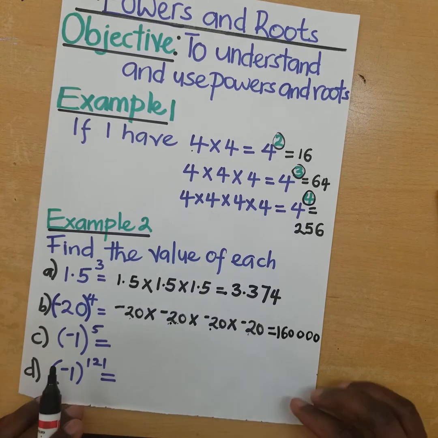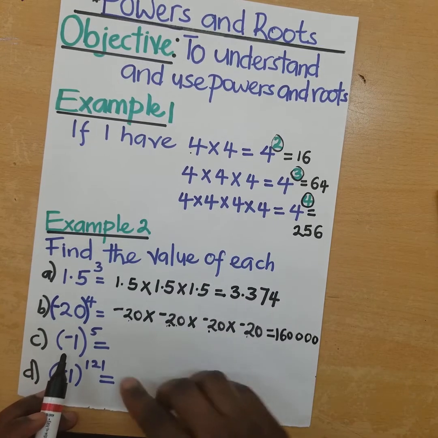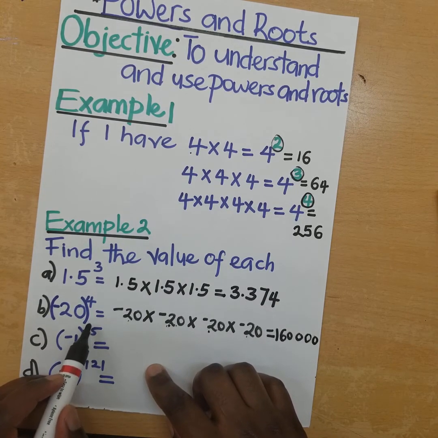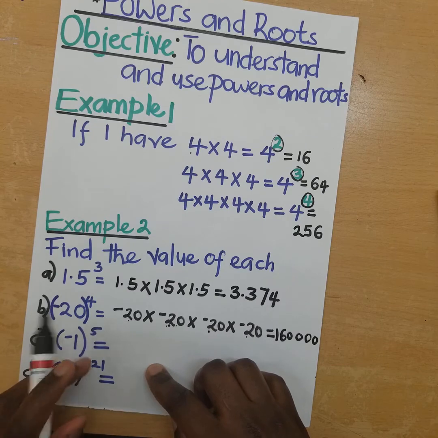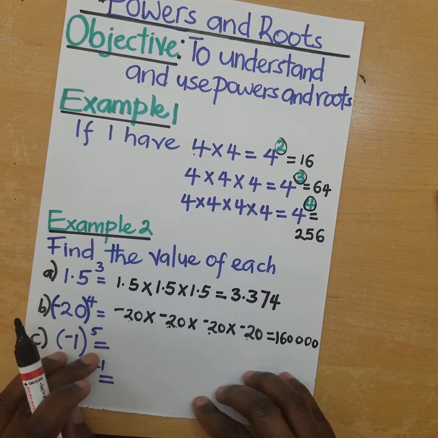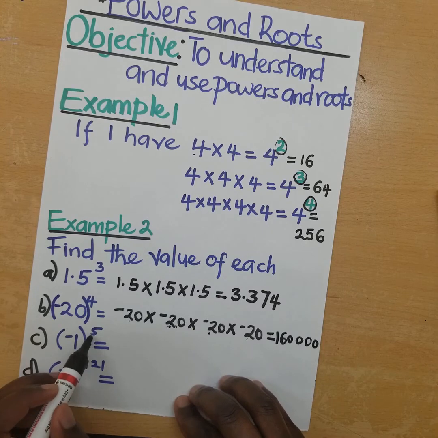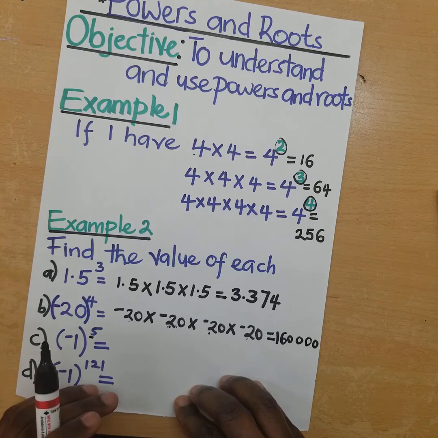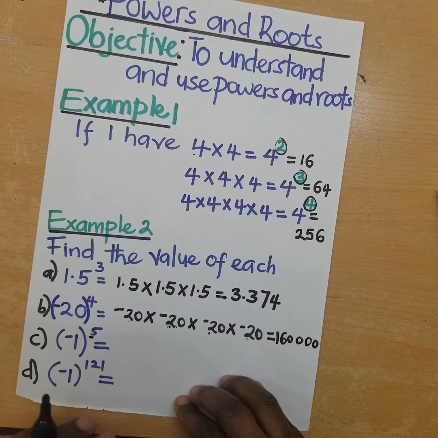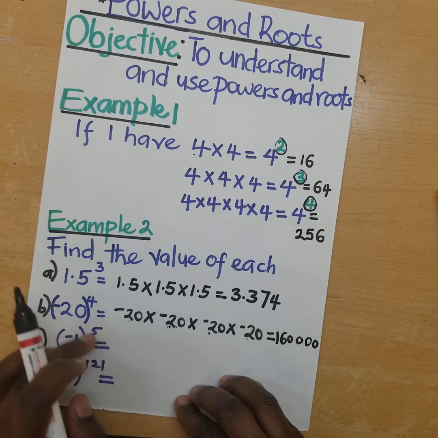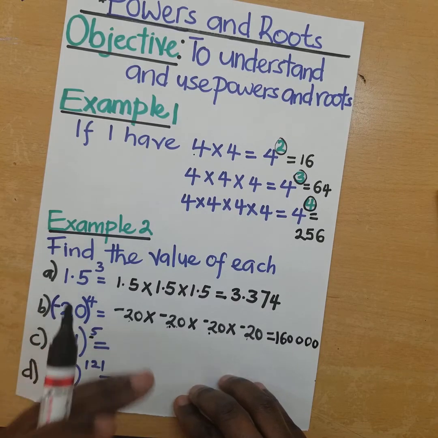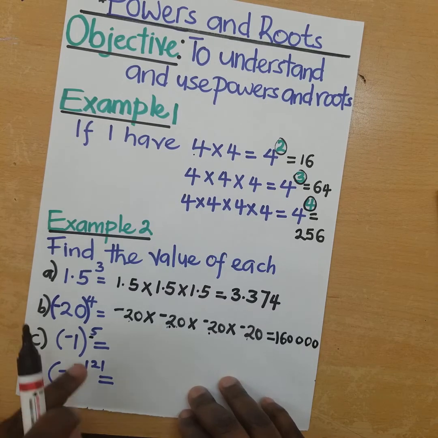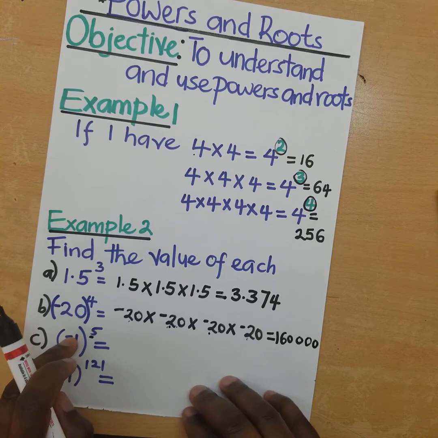What about if I have negative 1 power 5. Now, if you have any power that is odd, for example, these odd numbers from our grade 6, remember odd numbers or prime numbers. If the power is an odd number or a prime number, if it is not a 2, because 2 is a prime number, if this is an odd number, okay, 3, 5, 7, 9, 11, okay, the answer here will definitely be a negative.